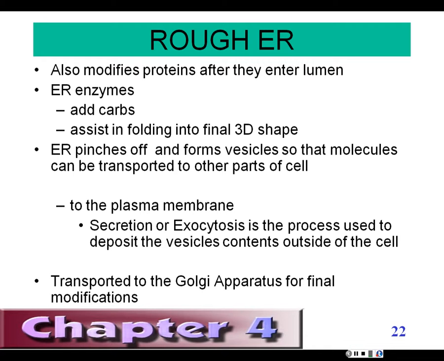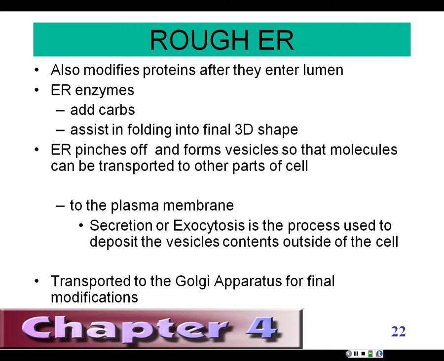Correct. The Golgi are these separate sacs, but they are not connected to each other. So what happens is you'll have something that comes from here that pinches off, and that vesicle will fuse with the membrane, basically become a part of the membrane. The contents will be released inside. It will make a new vesicle, and then that vesicle would leave and then fuse with this membrane until it gets all the way through.